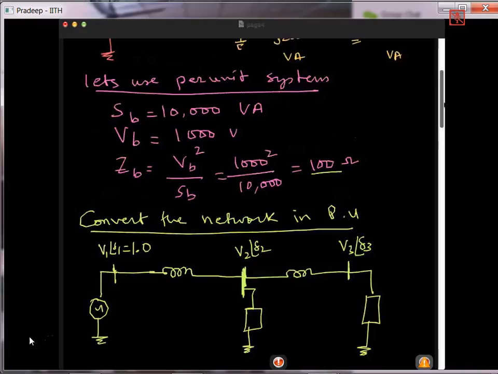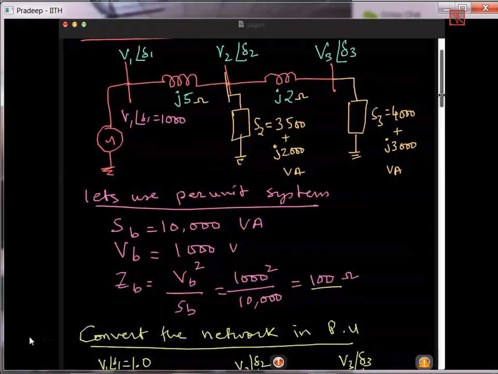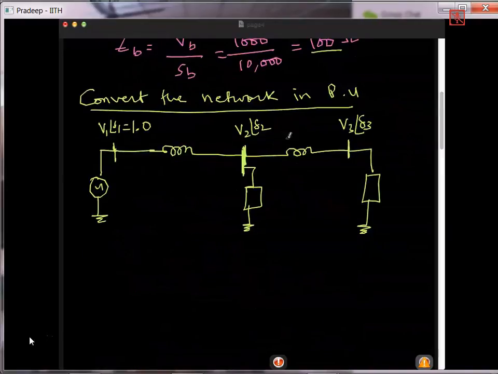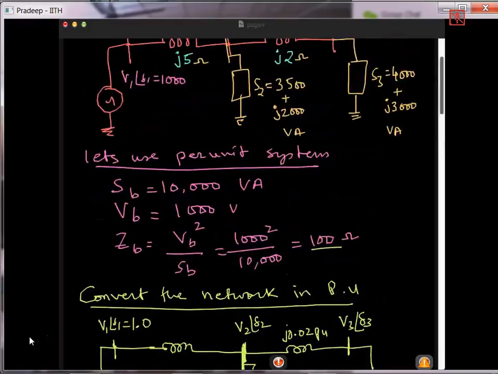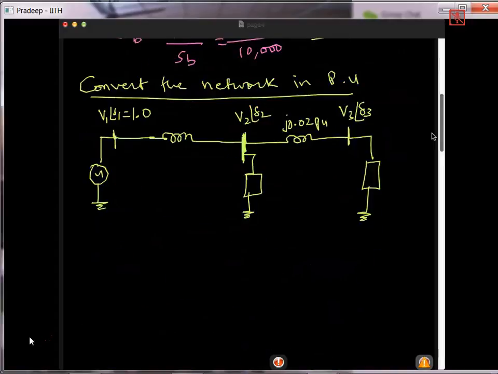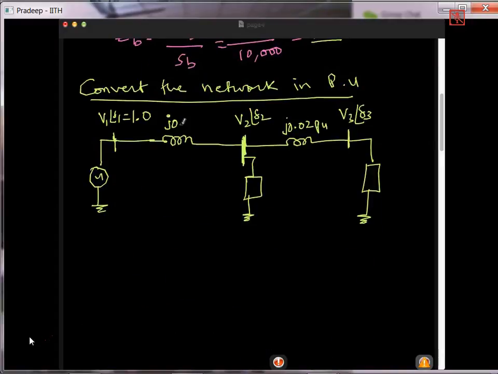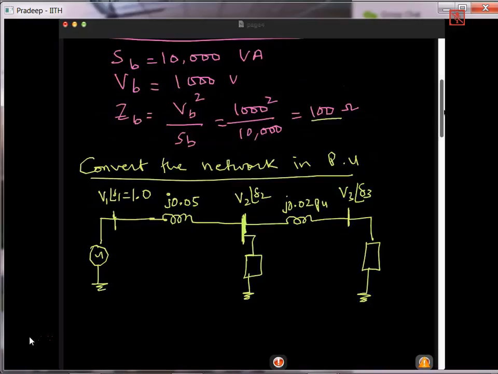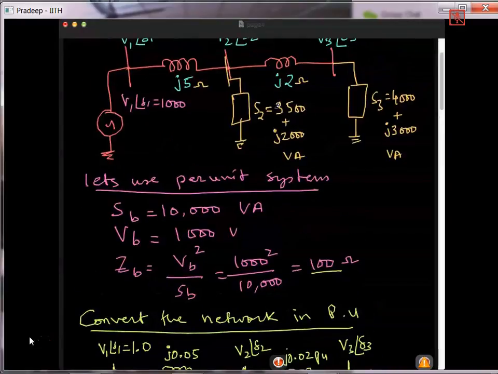Okay, so here it is 2 ohms. So that means 2%. So this is J 0.02 per unit. And here what is the base impedance? Here the impedance is J5. So J5 divided by 100, it is 5%, J 0.05 per unit. Similarly, what is S? Because I have taken 10,000 kVA, so this will be 0.35 plus J 0.2.